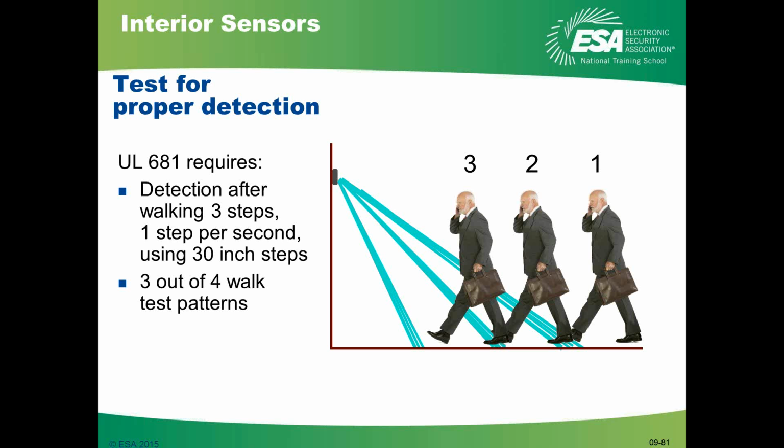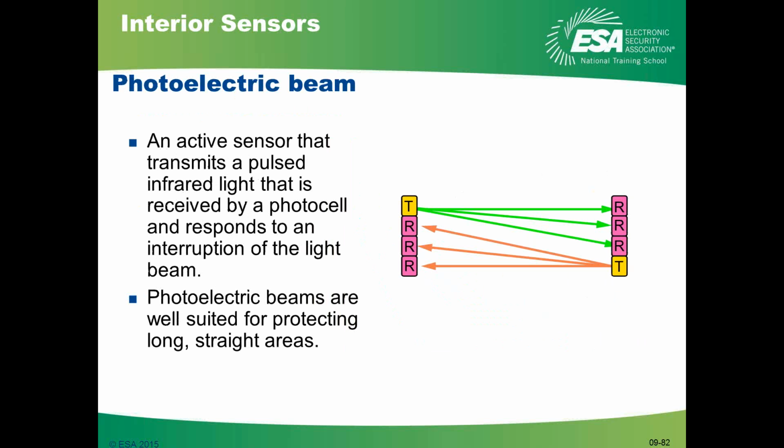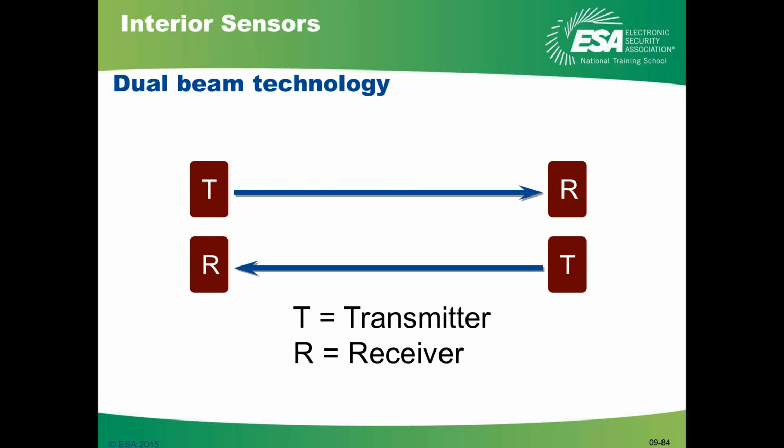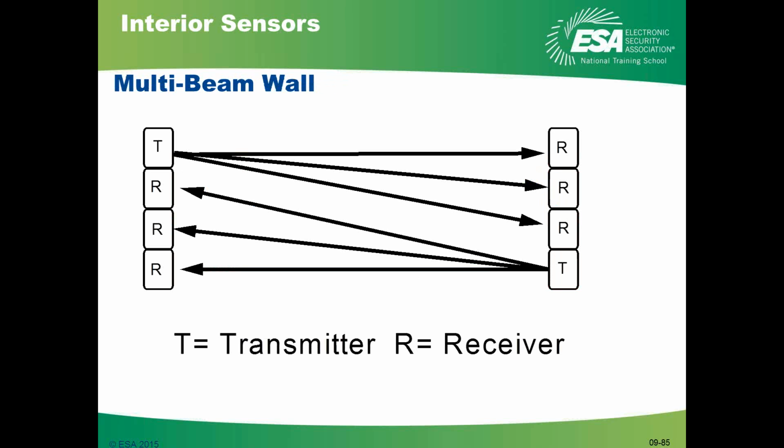And so this now gets tied back into the last objective that you'll see for interior sensors. And then photoelectric beams, the single beam, the dual beam, multi-beam. Questions on changes we did to interior sensors?